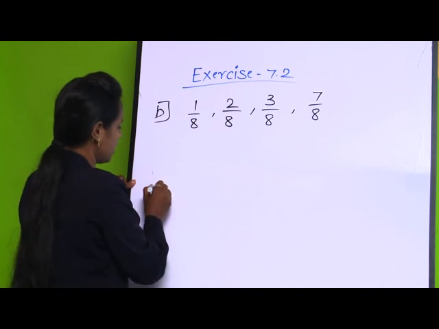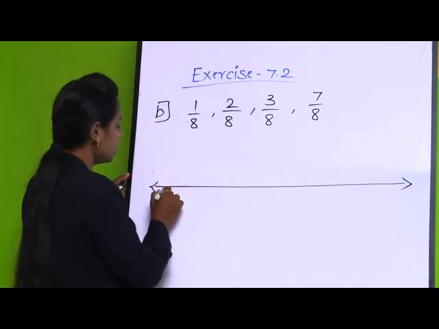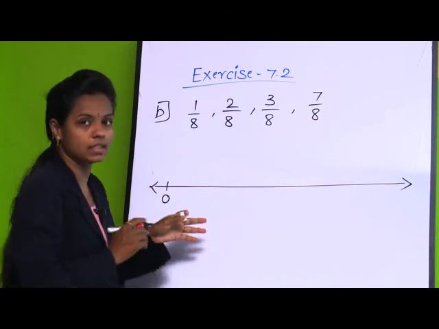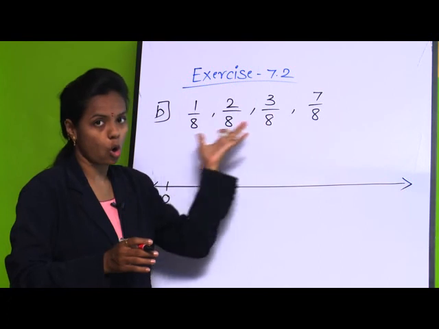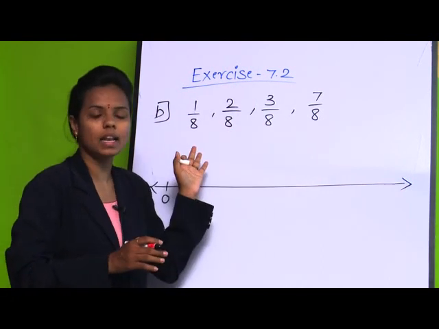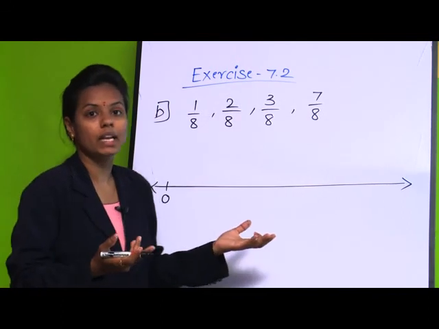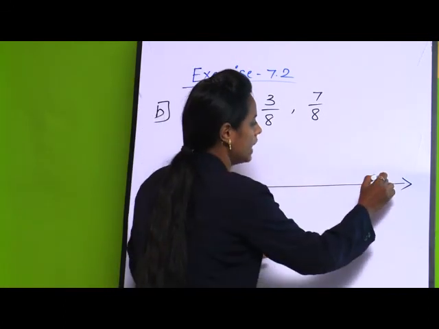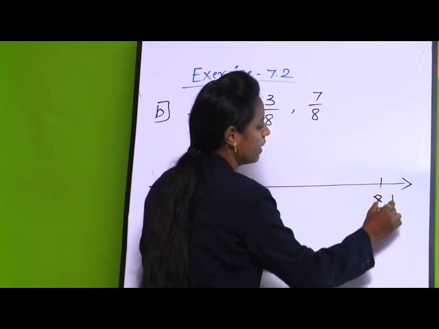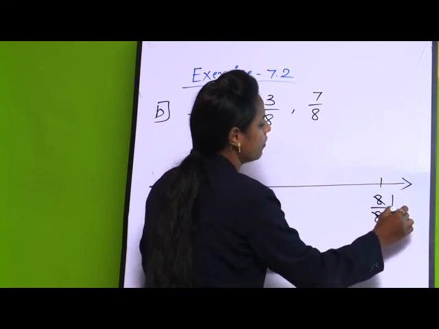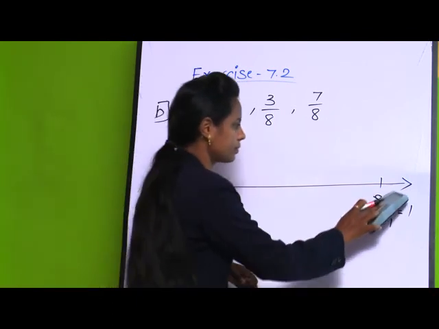We will show them on the number line. So again we need to draw a number line. The first point is 0. Now we have to show these parts. Again all these fractions are less than 1, and we will get 1 here when we have 8 by 8. 8 gets cut and we get 1.